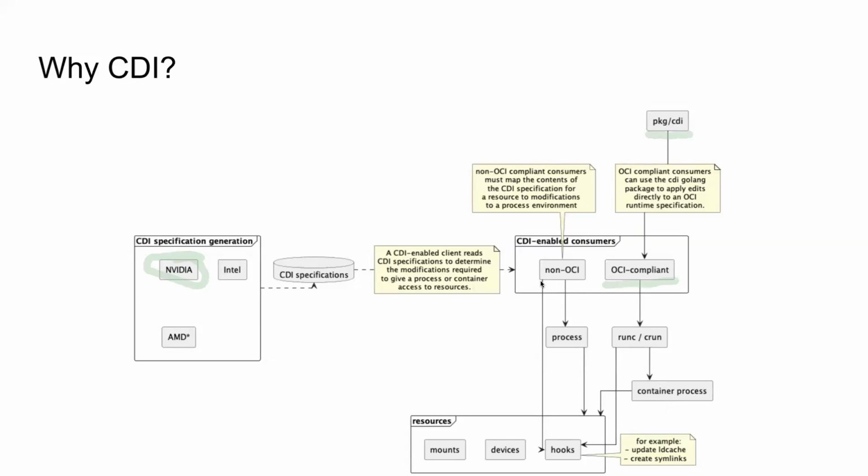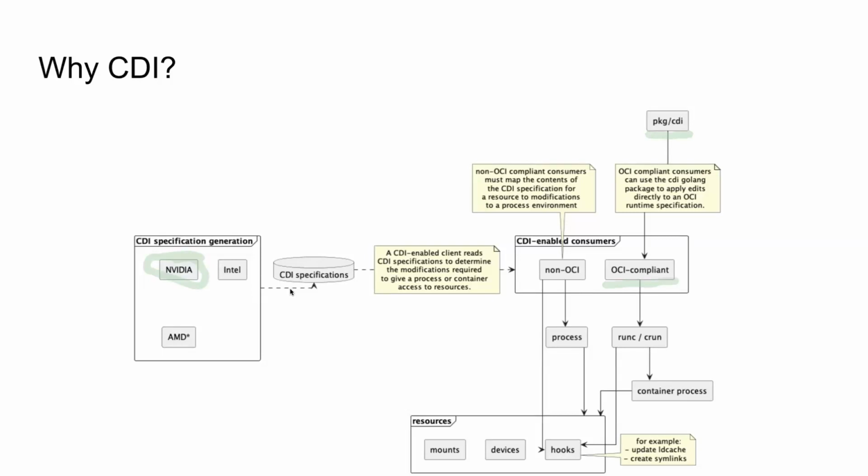Now, since this is the more HPC focused call, not all environments are OCI compliant. So for example, Singularity has this native mode, which does not use OCI as a mechanism of representing what needs to be run. Now, just a thought experiment, more than anything else at this stage, our thinking is that there's nothing in the CDI spec, apart from possibly referencing container edits or devices or mounts, something that is like container focused nomenclature.